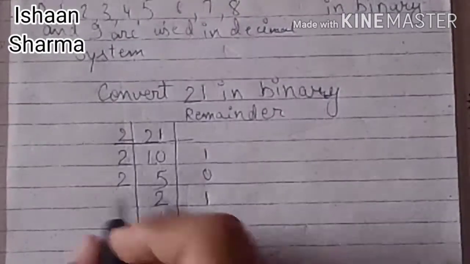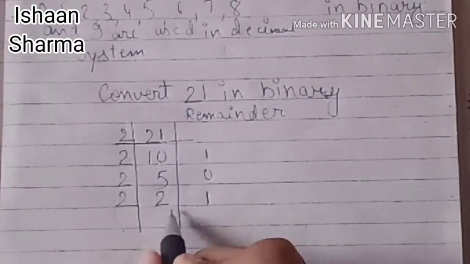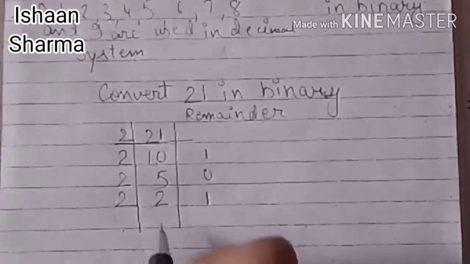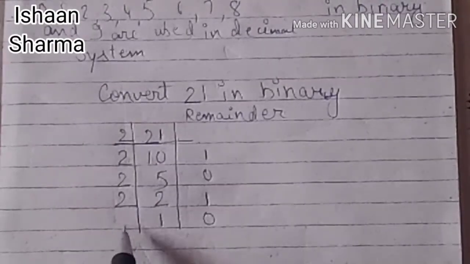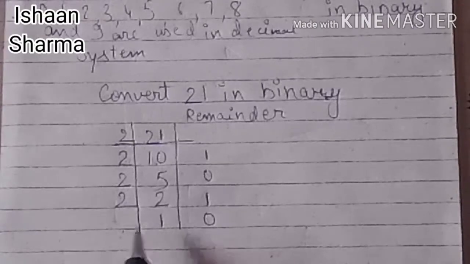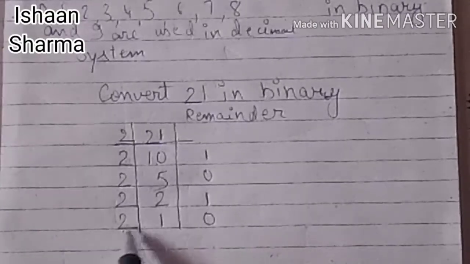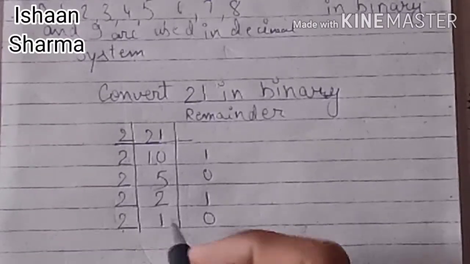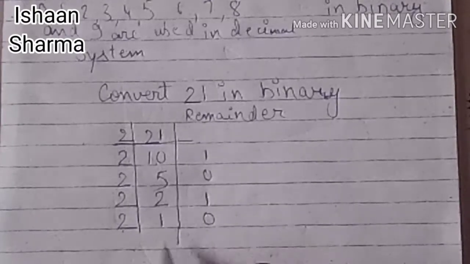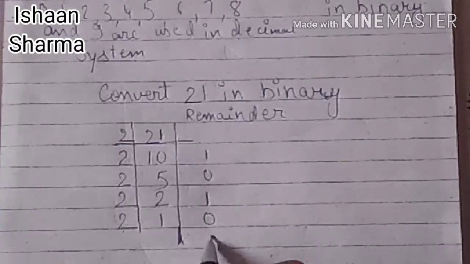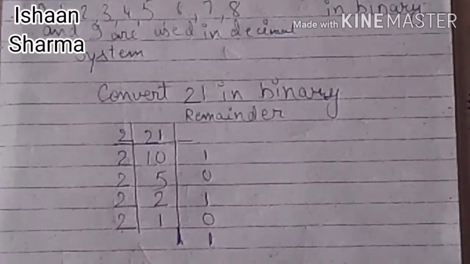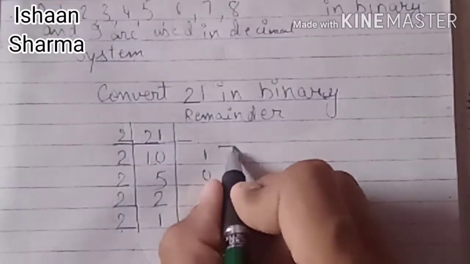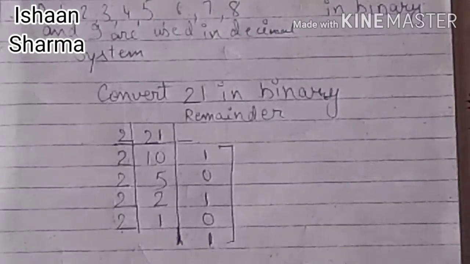Now 2 divided by 2, remainder 0 and quotient is 1. Now we divide 1 by 2, so 2 zeros are 0 and the remainder becomes 1. From last to first we write: 1 0 1 0 1.